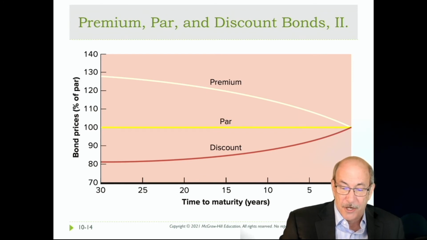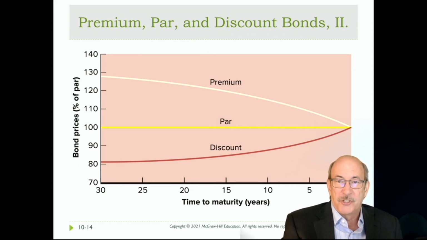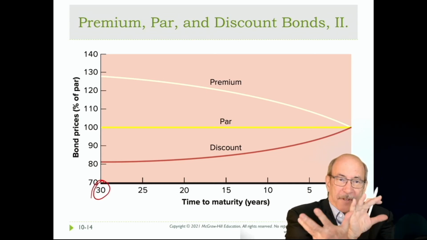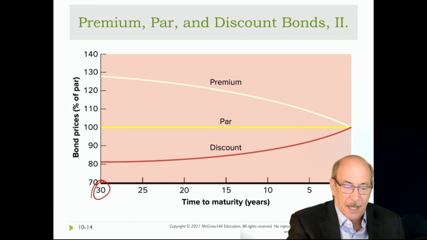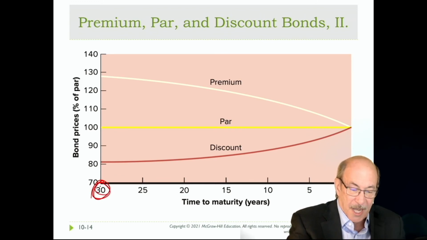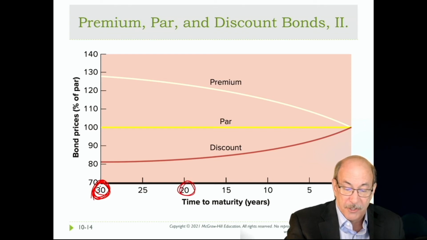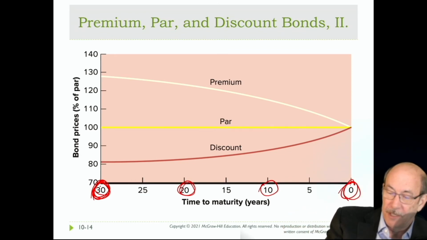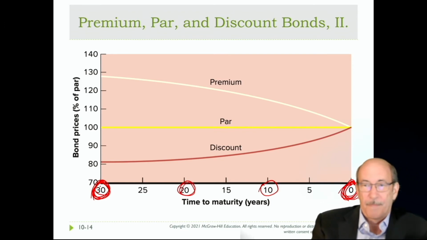Note that we're looking at time to maturity on the x-axis, and it's 0 on the right over here, so maybe it's flipped from what you might be thinking. This point in time is 30 years to maturity. Here we have 20 years to maturity, 10 years to maturity, and right here, we're at maturity itself.